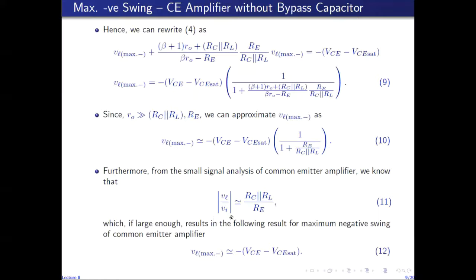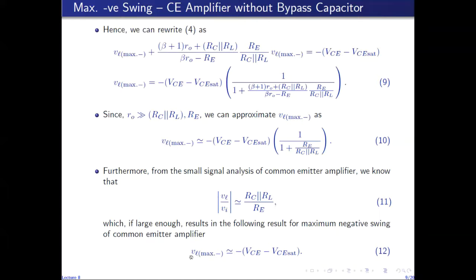So when the gain of the amplifier is large, we can ignore this factor, and the maximum negative swing of the common emitter amplifier without bypass capacitor is then approximated by this expression. So this is the exact expression, and this is the approximate expression after making use of these assumptions and assuming that this gain is pretty large.